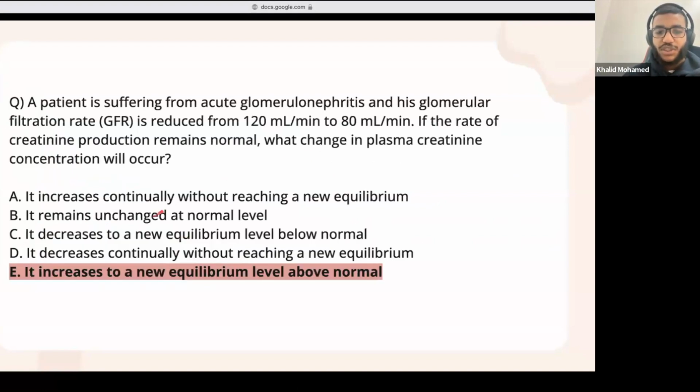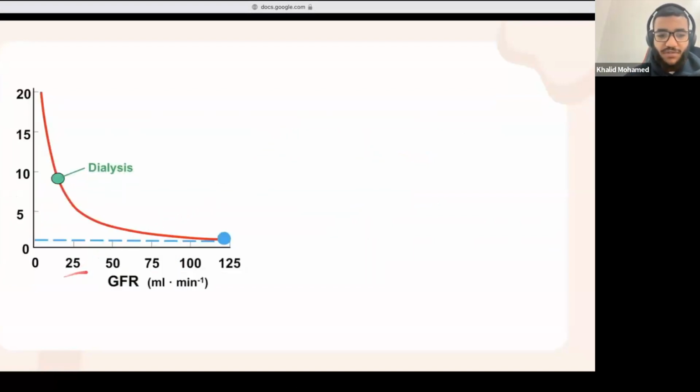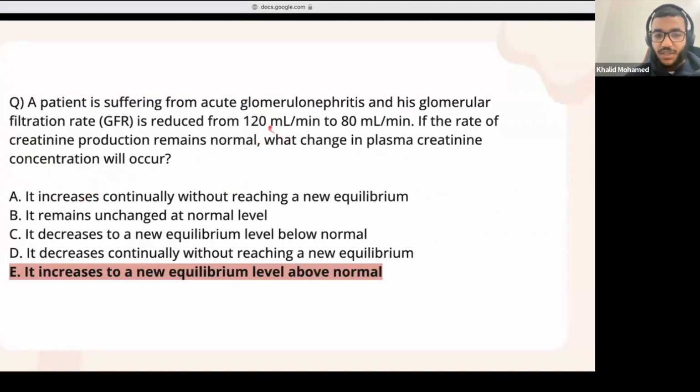And so in this question, they're asking what change in plasma creatinine concentration will occur if GFR drops. If you follow this graph, when GFR drops from 120 to 80, the creatinine level will be more than it was. And since GFR is now constant at 80, the plasma creatinine level will reach an equilibrium, but above the normal level.